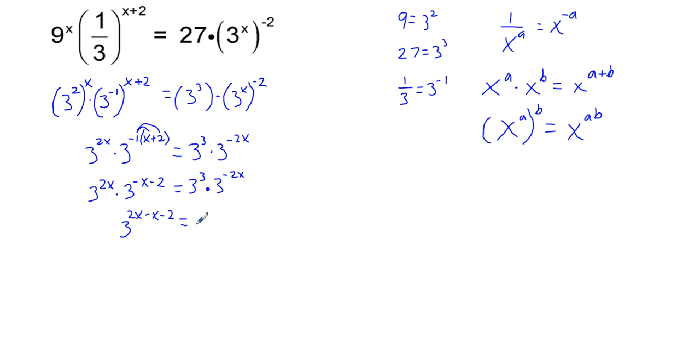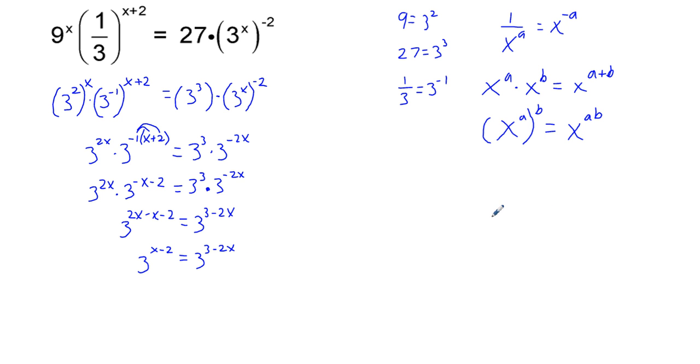And on the right side, we have 3 to the power of 3 minus 2x. And now we're just going to simplify this one exponent on the left. So we're going to have 3 to the power, we have 2x minus x, that's going to simplify to x, and then minus 2. And the right side we have 3 to the power of 3 minus 2x.